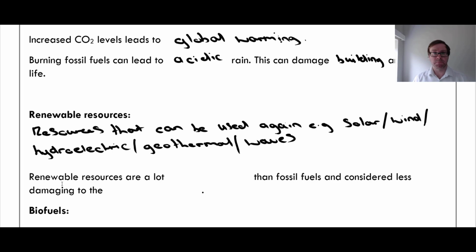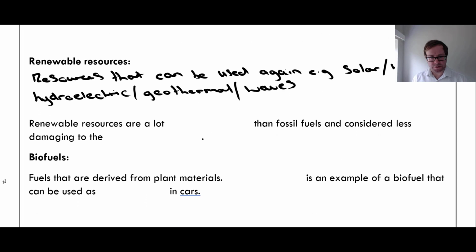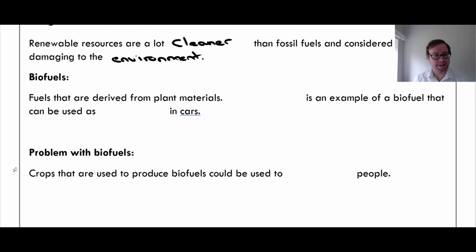There are others, but there we go, we've got some examples. So renewable resources are a lot cleaner than fossil fuels and considered less damaging to the environment. Again, I'm just going to state these things because they're just facts, basically.